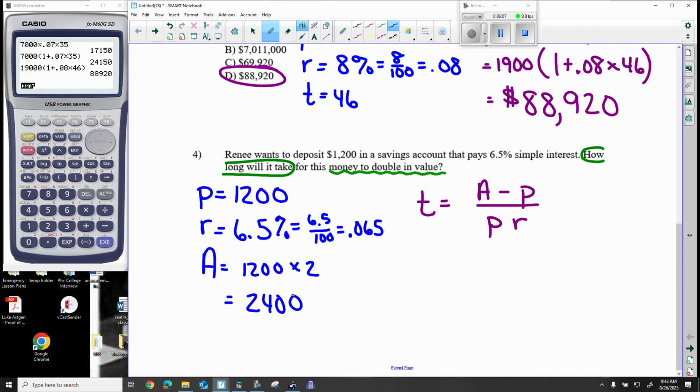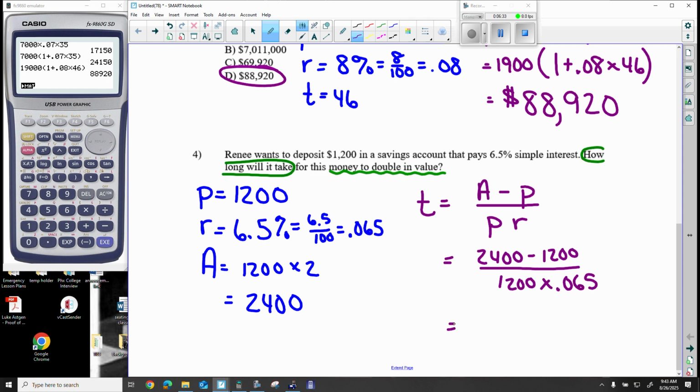Now you don't see 2,400 written down anywhere. It's up to you to be able to figure out that kind of number based upon the money doubling or whatever it happens to be doing. All right, now that we have all those various aspects, we can go ahead and put in our numbers and get our answer.